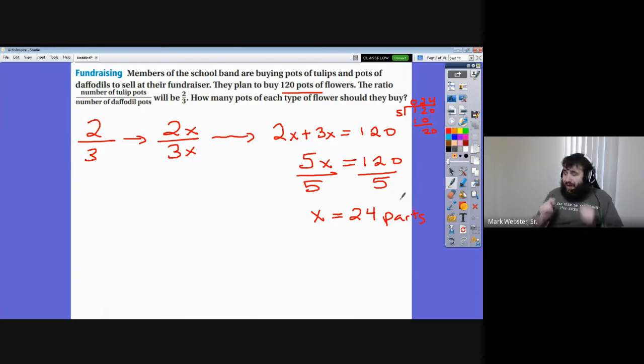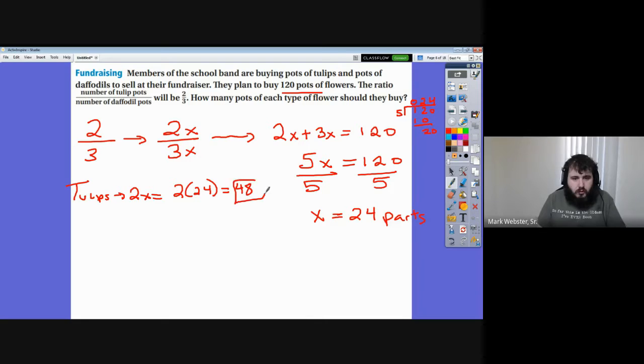So now what we can do to figure out the number of each type: the number of tulips is 2x. Well, what's x? x is 24, right? So what's 2 times 24? The number of tulips is 48. Same thing here.